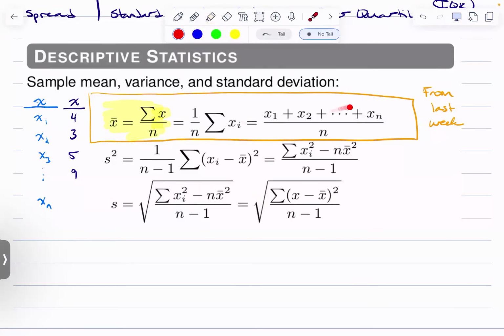The rest is just extra. That's just me giving you everything that you could possibly want, even though it might be overwhelming. As long as you use this formula, or if you prefer to always use this formula, that's fine too. But just remember, you know how to find the average of something. Here, it's just saying add up all your x's and divide by however many things you had, which is your n.